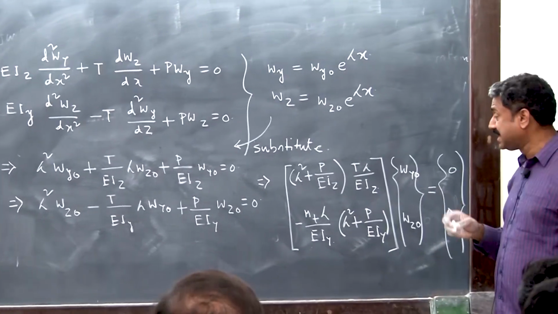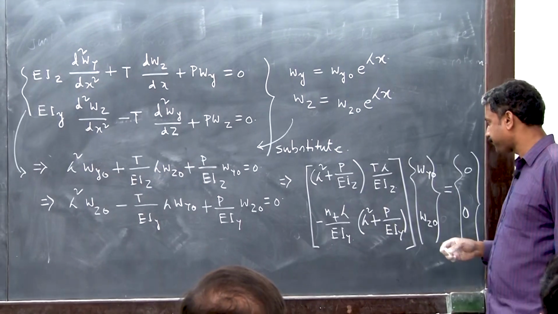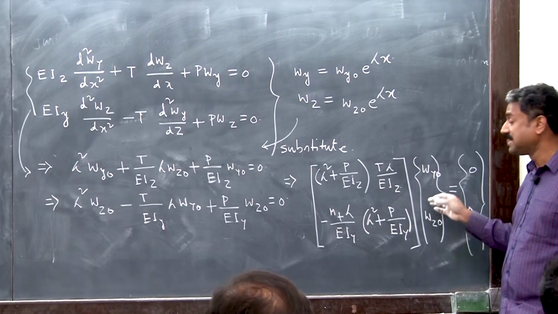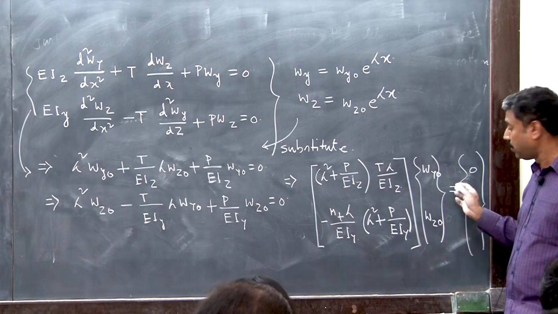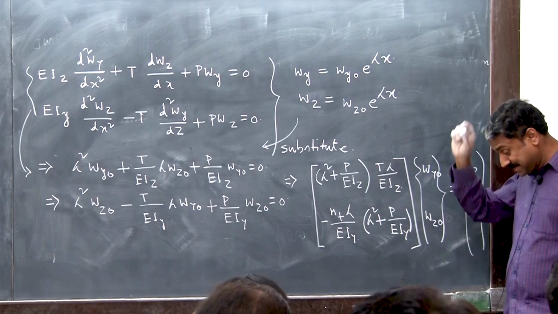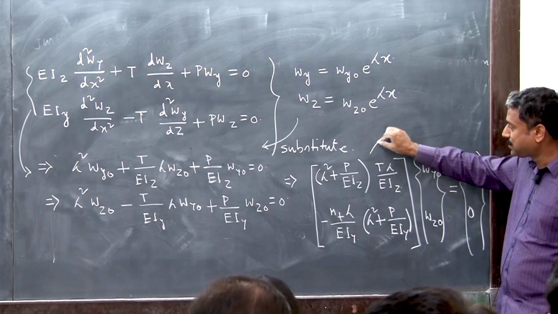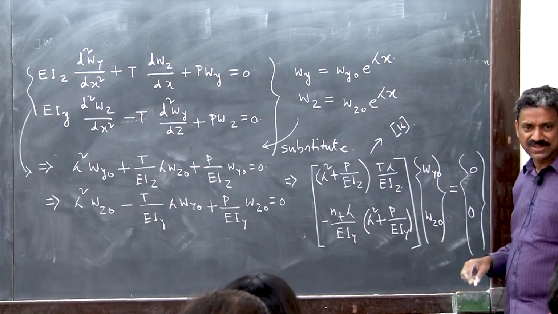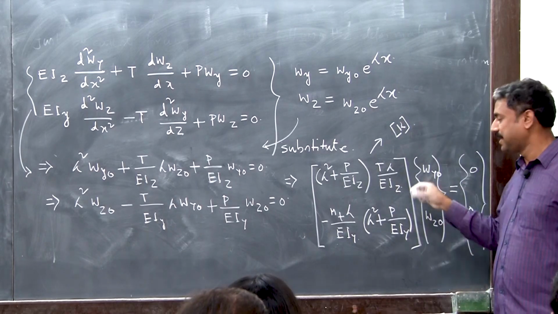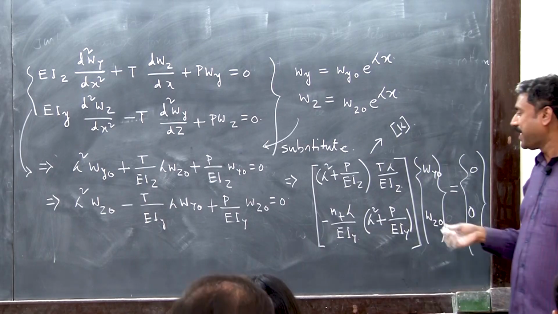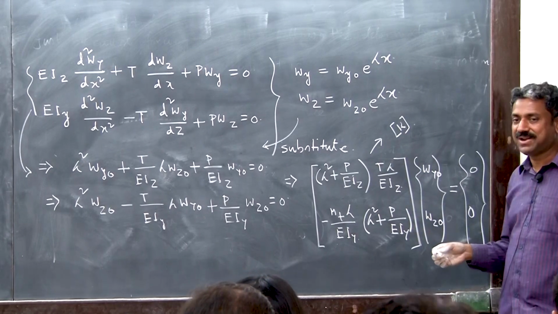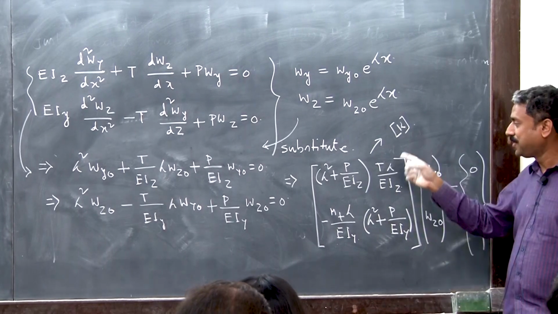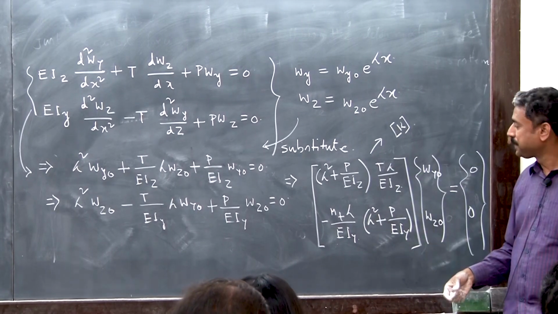The interesting part is that this led to essentially what? An eigenvalue problem, homogeneous, right? But there is an interesting thing here. If we take this to be a stiffness matrix, of course it can be, knowingly or unknowingly we have considered the material part of the stiffness matrix, because there is EI, and the geometric part is nothing but P, right?